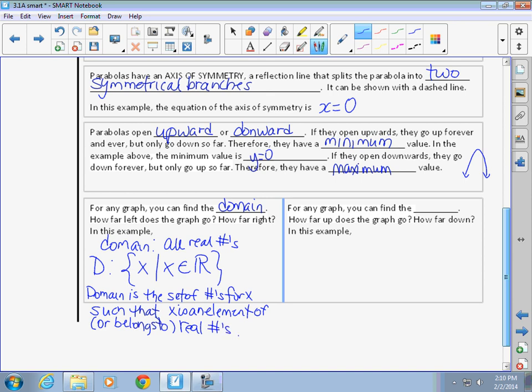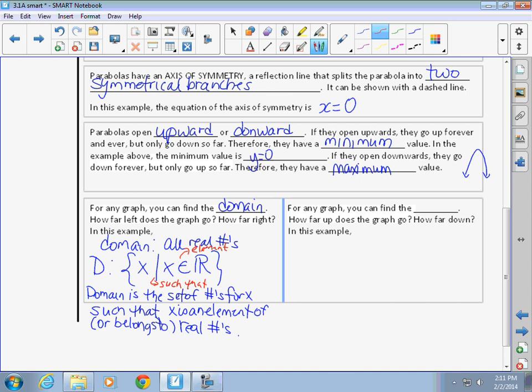So the brackets in there are the set of numbers for x. This slashed line right here, that line there is our "such that." This funny looking E means element. And our double-barred R means that they're real numbers.